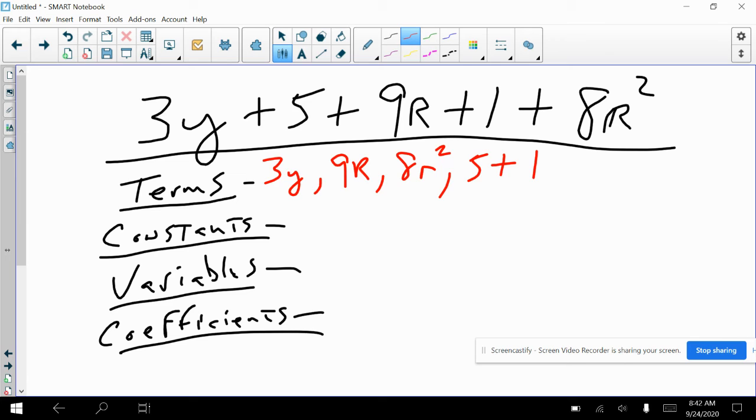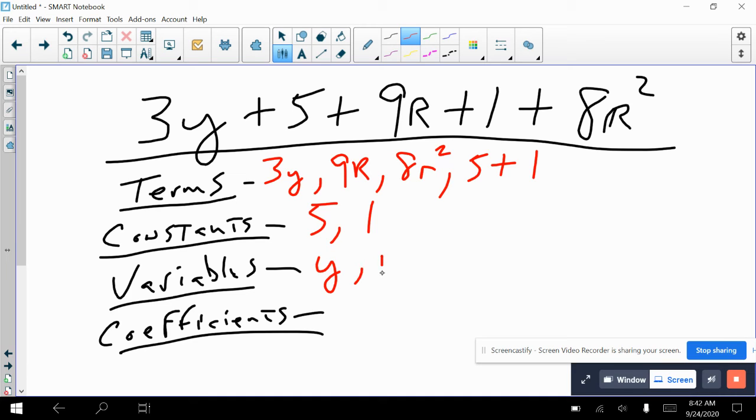What are our constants? Ian. 5 and who? Yes, that is correct. What are our variables? Emma. Y, R, and R squared. That's correct. Very good. Coefficients. Kellen.